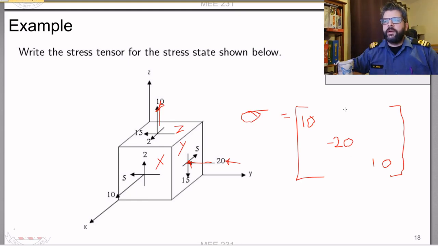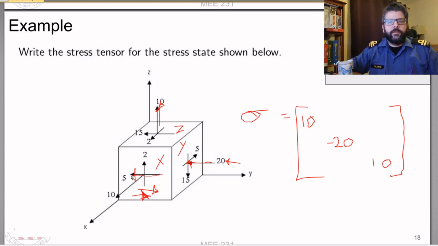Our tau xy is the next one here. Our tau xy is acting on the x face, and it's pointed in the direction of y. Again, we are looking at our front face here. This cube is only showing the front faces. So this would be a positive shear force if it was acting in this direction.